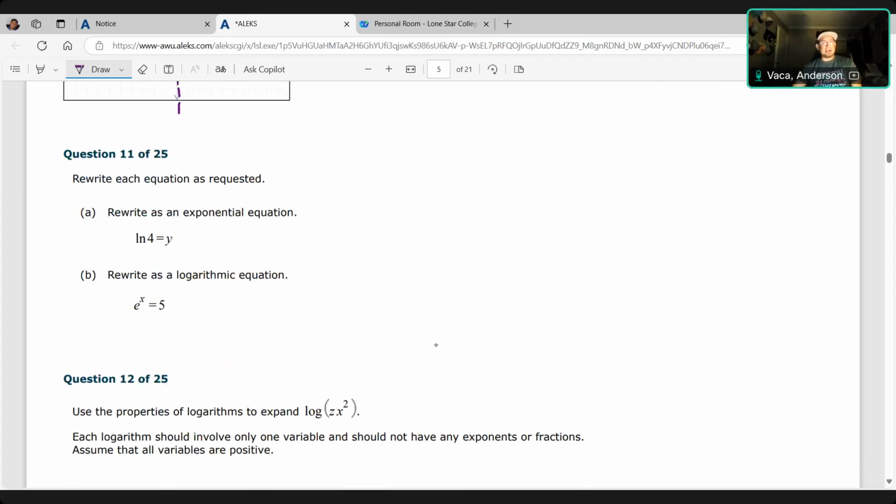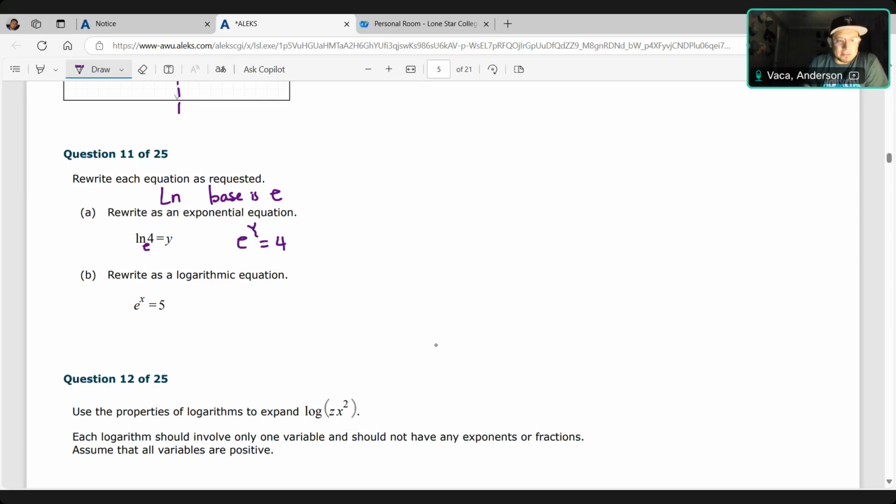It says rewrite as requested. Well, in this particular case, do not forget that if you have the natural logarithm, the base is e. So here's the base. e to the power of y is equal to 4.